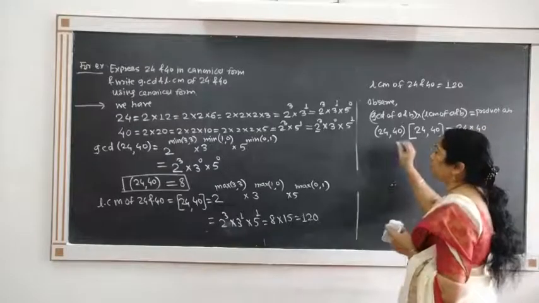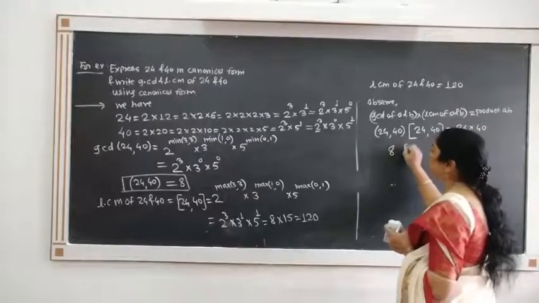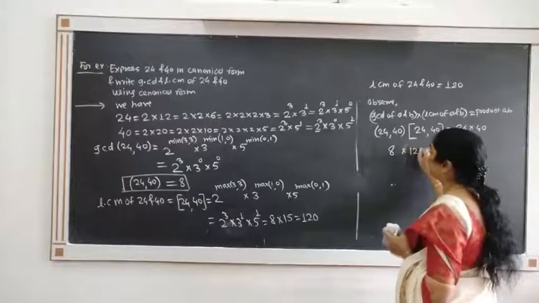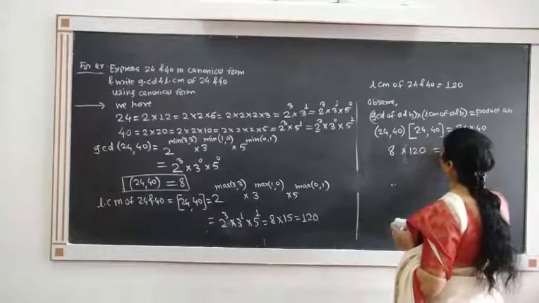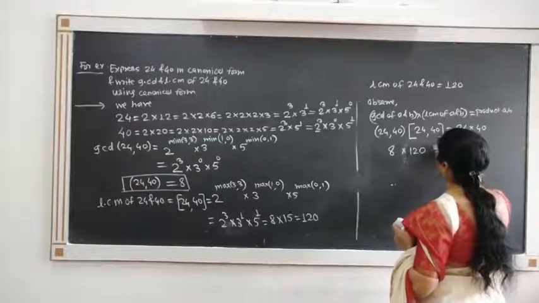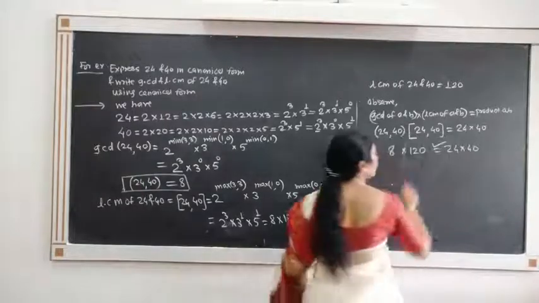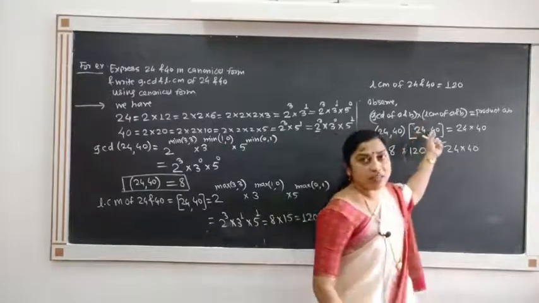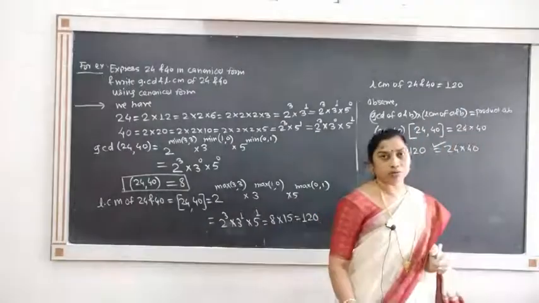Observe whether it is correct. The GCD comes to be 8, this comes to be 120, and the product 24 into 40 is also the same. So both are equal. So you can verify that GCD into LCM is always equal to the product.